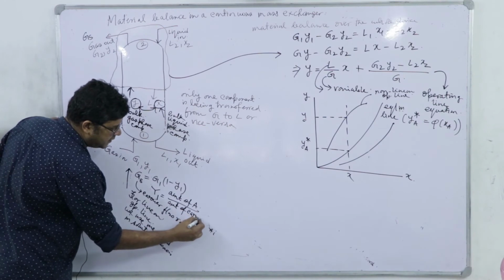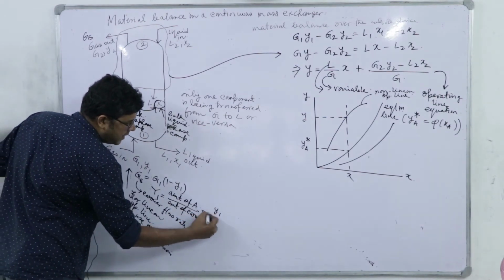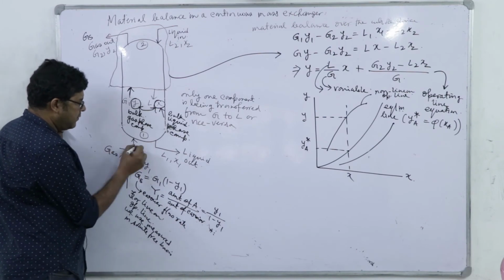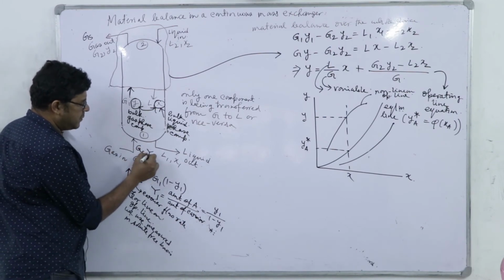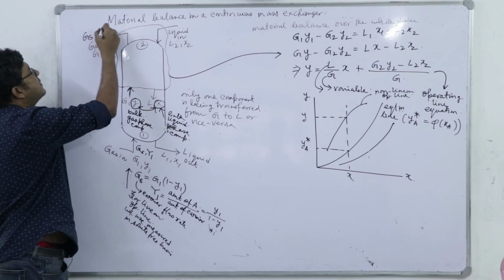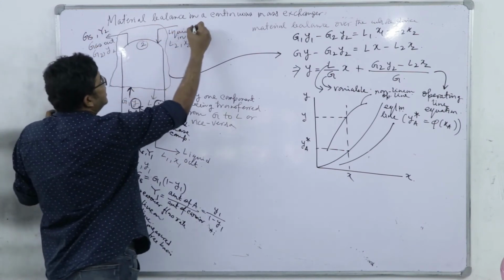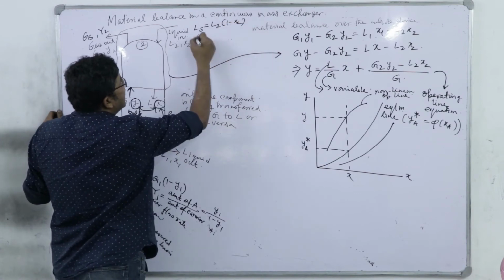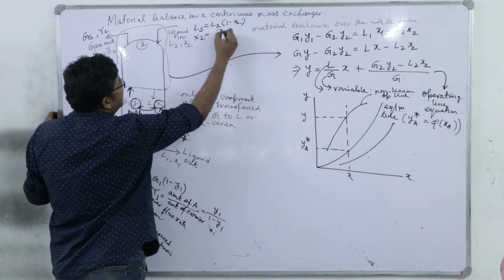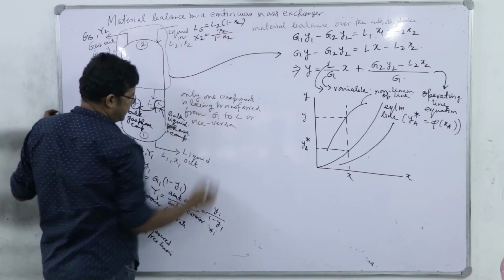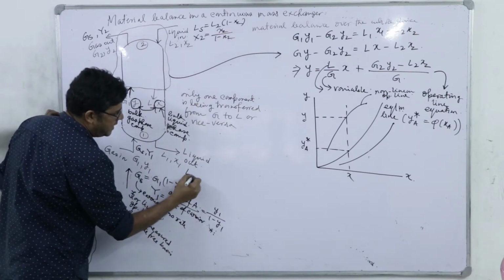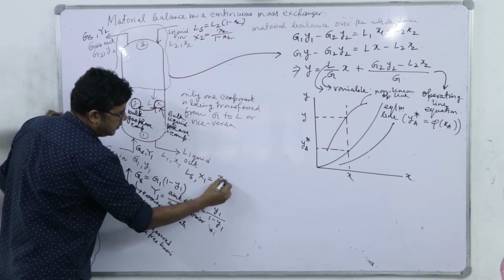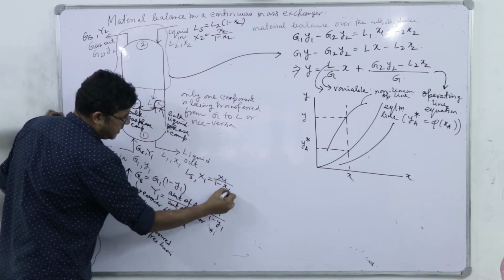So, it is a kind of ratio, and that is y1 divided by 1 minus y1. So, capital Y1. So, here we can alternatively use GS and capital Y1. Here it will be GS and capital Y2. This similarly will be LS. LS is equal to L2 into 1 minus x2 and capital X2, which is small x2 divided by 1 minus x2. And similarly here LS, the LS remains unchanged, and here capital X1, which is x1 divided by 1 minus x1.